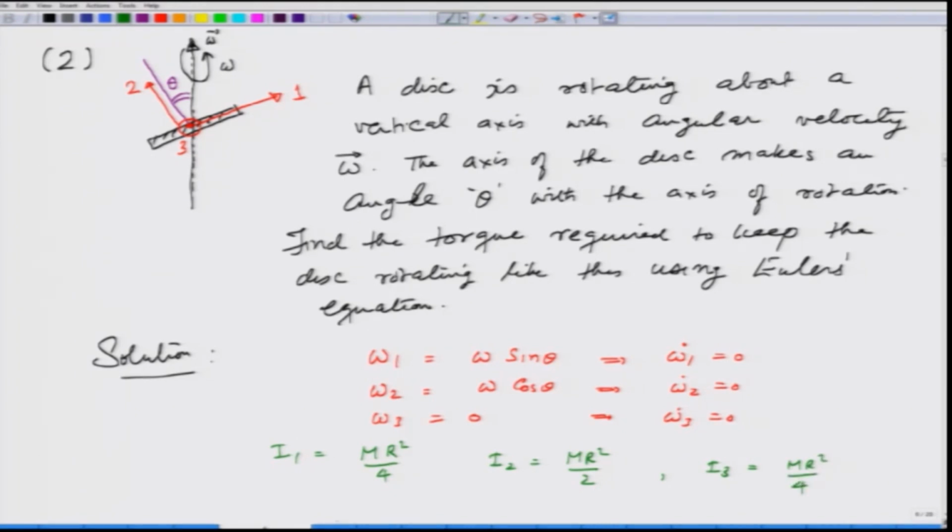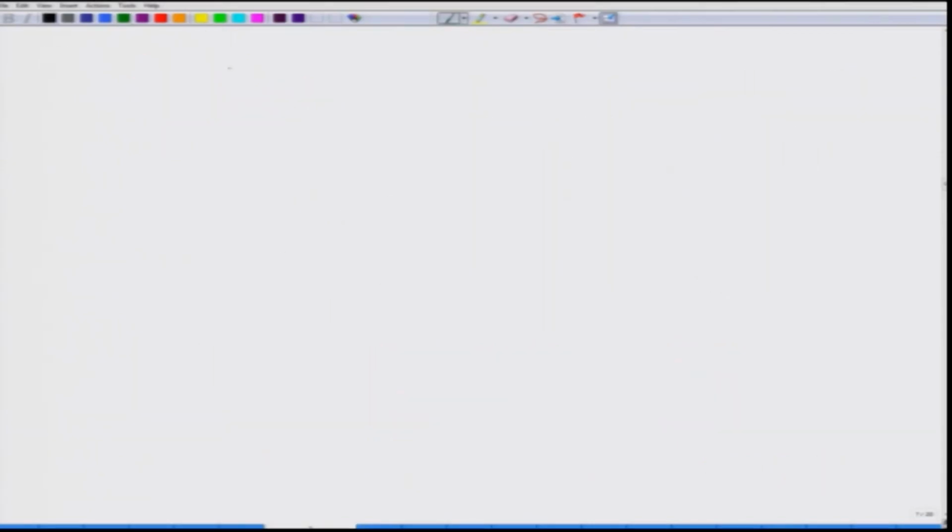Let us now apply Euler's equations. Euler's equations tell me that tau 1 is equal to I1 omega 1 dot plus omega 2 omega 3 (I3 minus I1). Now, omega 1 dot is 0, omega 3 is 0, and therefore, this whole thing is 0.